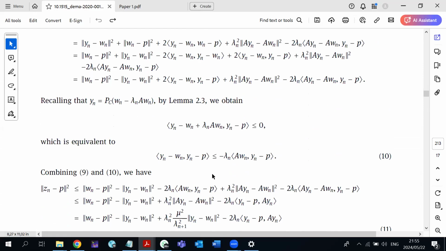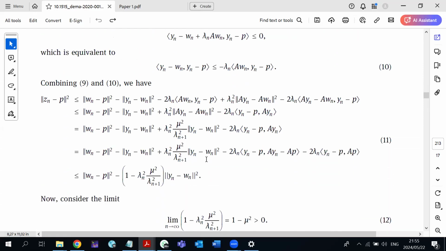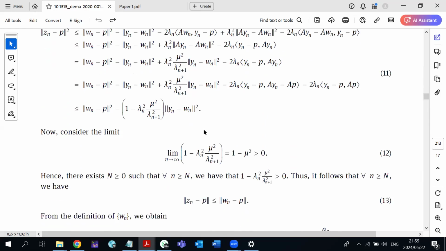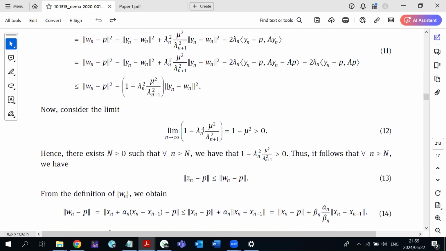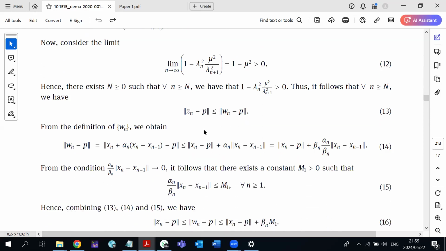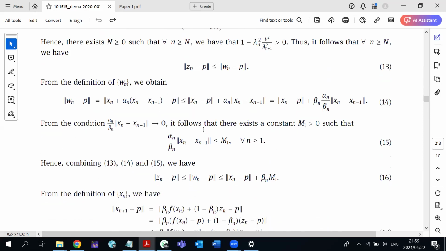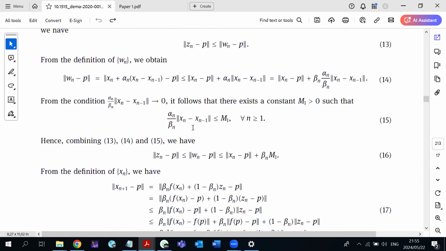The first thing we need to show is the boundedness of this iterative algorithm. After showing the boundedness, we solve for the solution set of the relational inequality problem.